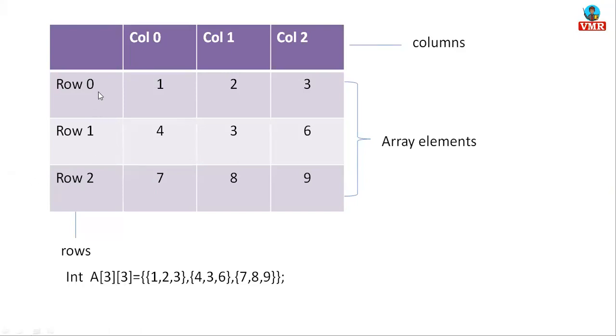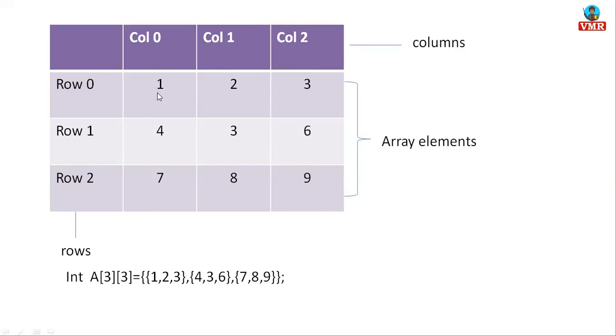So here, at row 0 and column 0, your 1 will be placed. Row 0 and column 1, your 2 will be placed. Row 0 and column 2, your 3 will be placed. For row 1, again row 1 column 0, row 1 column 1, row 1 column 2. Again row 2 column 0, row 2 column 1, row 2 column 2.